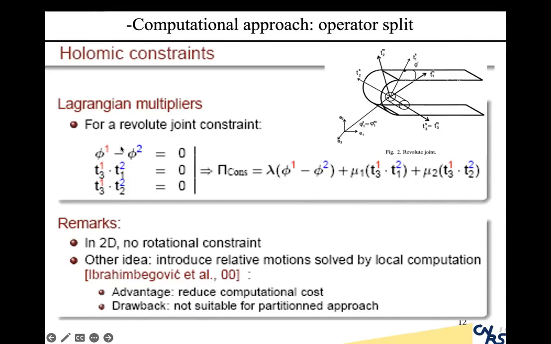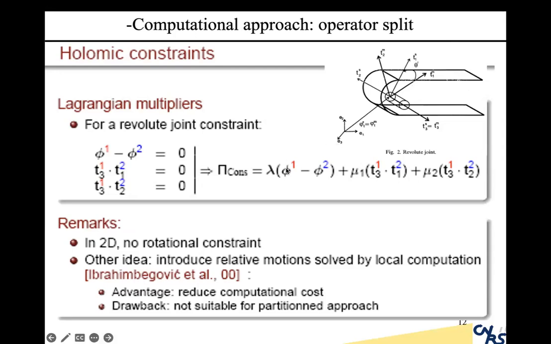Namely, you have component 1 and component 2. The displacement of component 1 and the displacement of component 2 at this joint where they're connected has to be the same. And the relative rotation could be different only around this axis that you have for the revolute joint, and the two other rotations have to be the same.